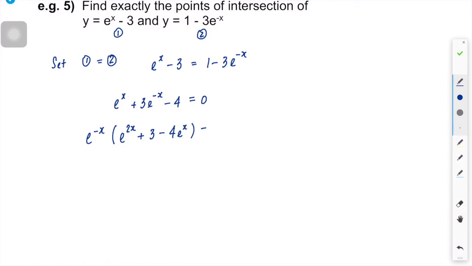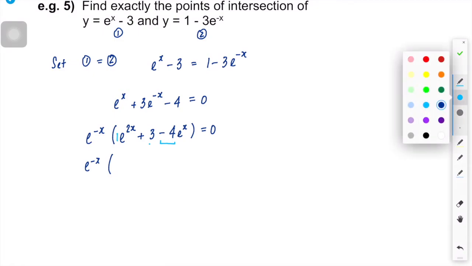Turns out you will get this, which is a quadratic equation that involves e to the x. All right. So you have a coefficient of 1 for the square term, so to speak. The sum is negative 4. The product is 3. Okay.